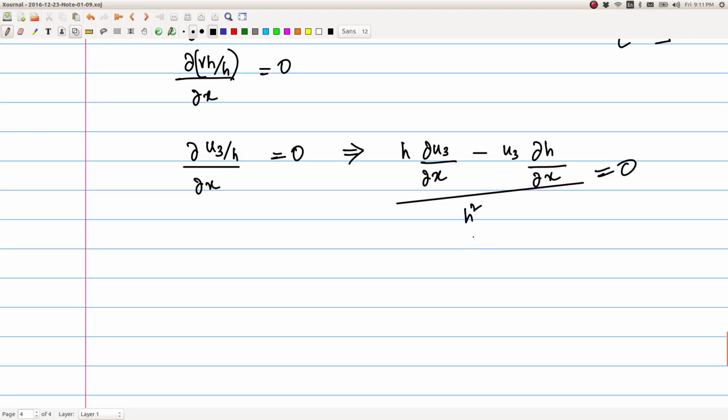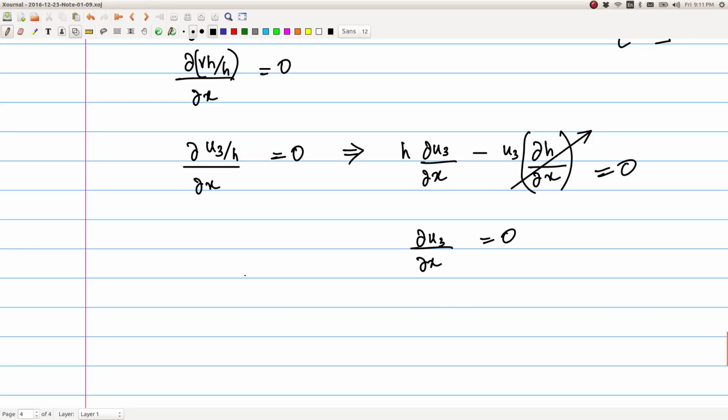But since the right hand side is 0, we can get rid of this. Also we know that this is equal to 0, and therefore we can say that del u3 by del x is equal to 0.